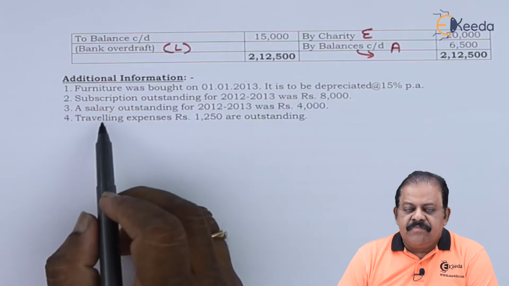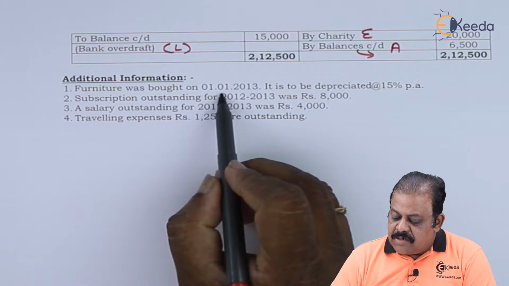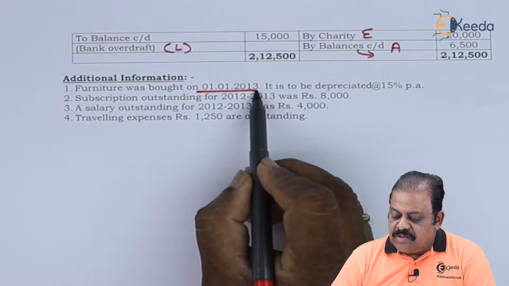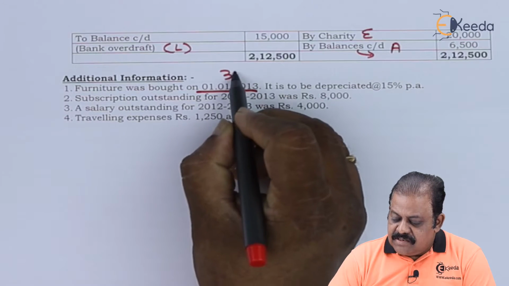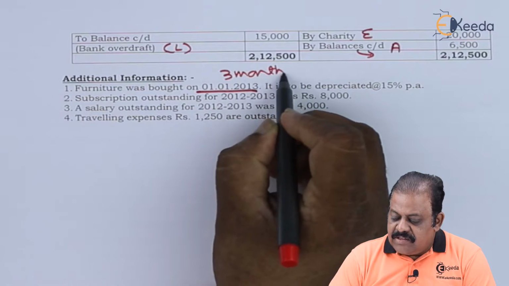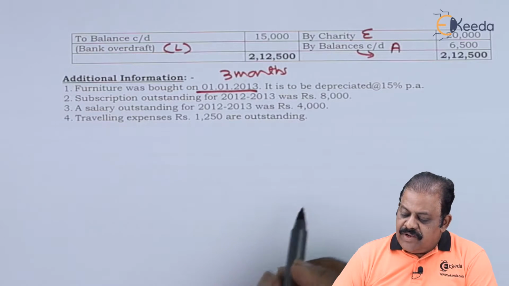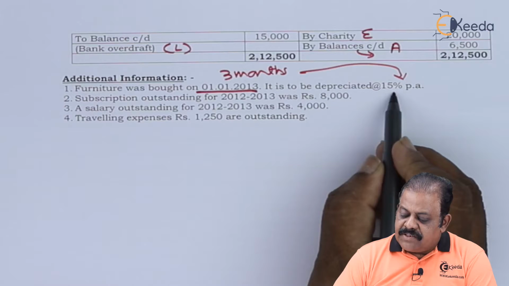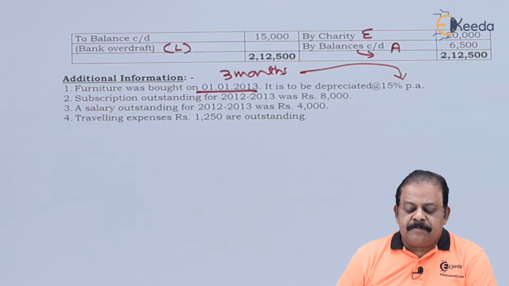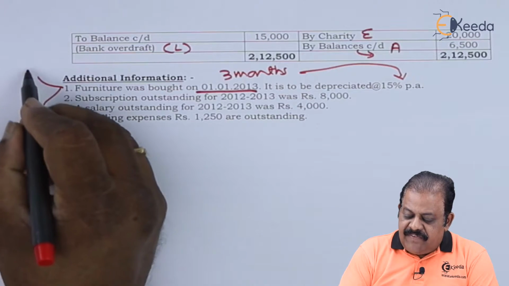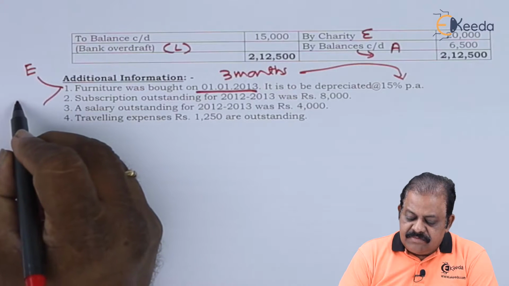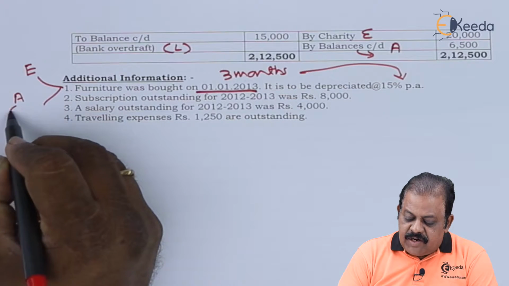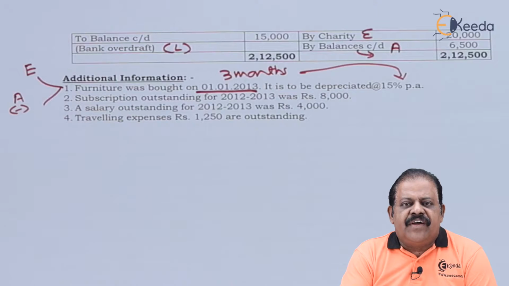Additional information: furniture was purchased on 1st January 2013. That means since then only 3 months are completed. So we are required to take depreciation on furniture at the rate of 15% for 3 months. It will have one effect as expenditure. The other effect, we are required to reduce from the asset furniture.